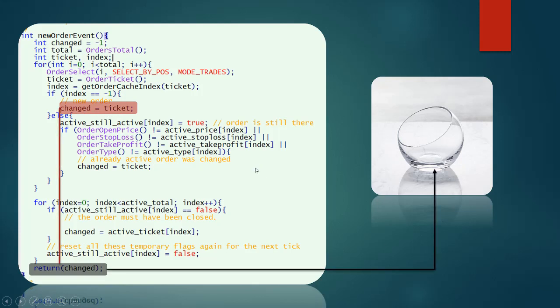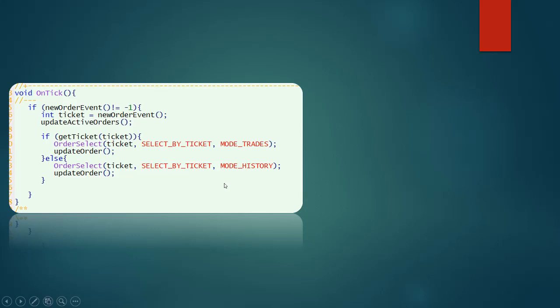Then we can get the other order changes, like some detailed information changing, and then we get the ticket, or the ticket being removed, and then we get the order ticket. But every time, this function can only return one ticket.